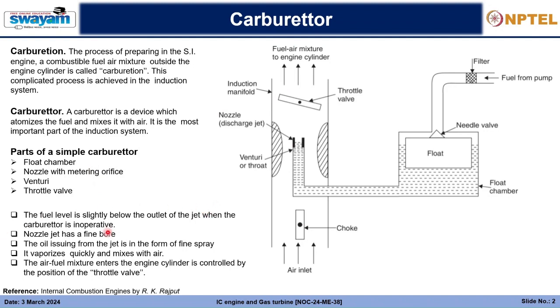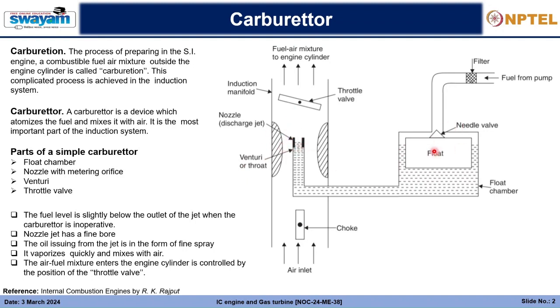So let us read these few key points. The fuel level is slightly below the outlet of the jet when the carburetor is inoperative. You will see that this is the level of the fuel out in the venturi and this is the level at the float, and the level in the float will be slightly lower. So that there is no pressure head which will pressurize the fuel through this nozzle.